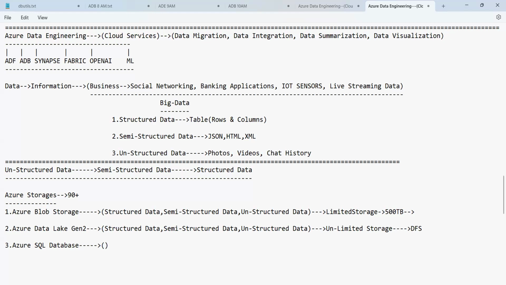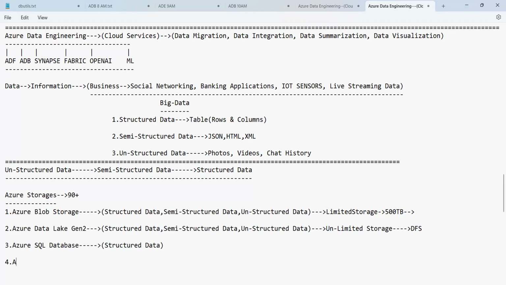When we talk about the Azure SQL database, SQL means structured query language. It can store only structured data, guys, nothing more, only structured data.